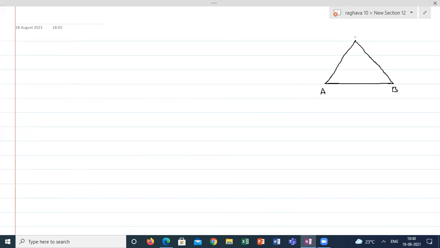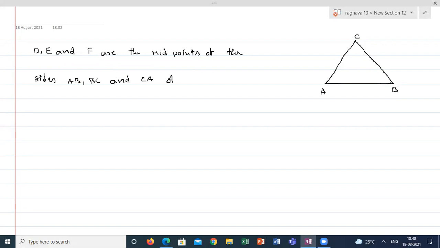ABC is a triangle. D, E, F are the midpoints of the sides AB, BC, and AC of triangle ABC.